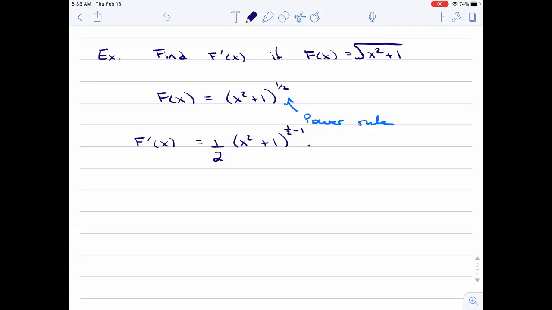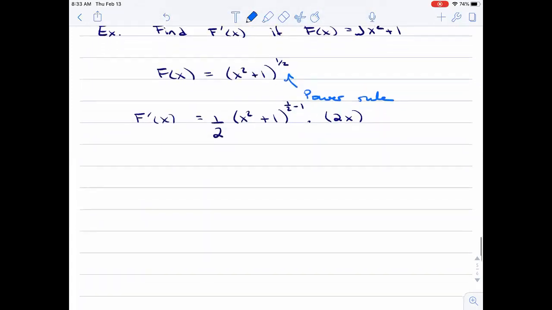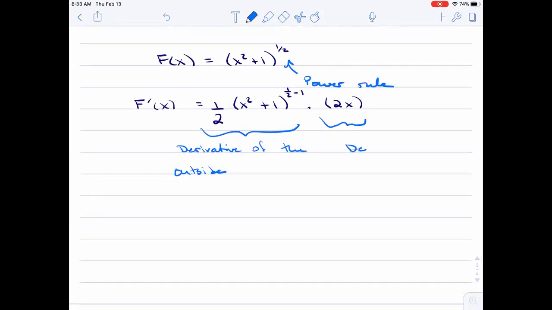The derivative of x squared plus 1 is just 2x. And so times 2x. And then I'll write little notes instead. So this is the derivative of the outside. And this is the derivative of the inside.